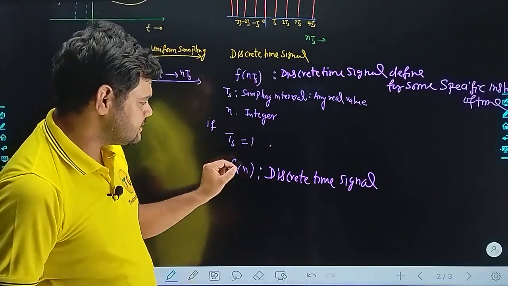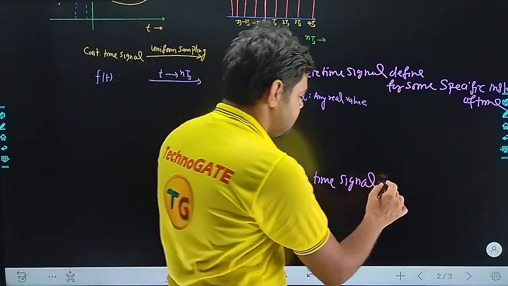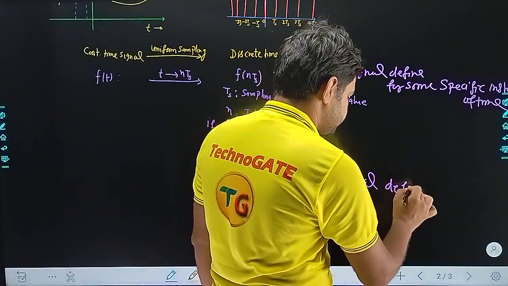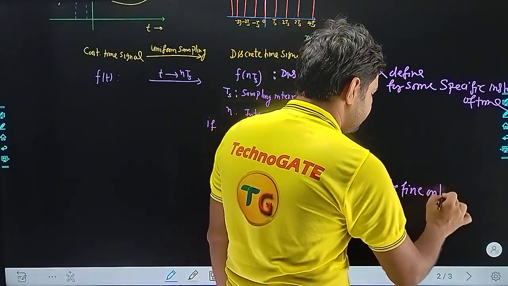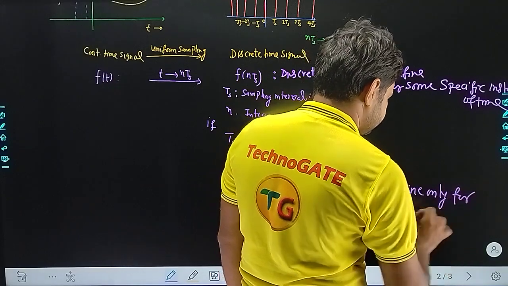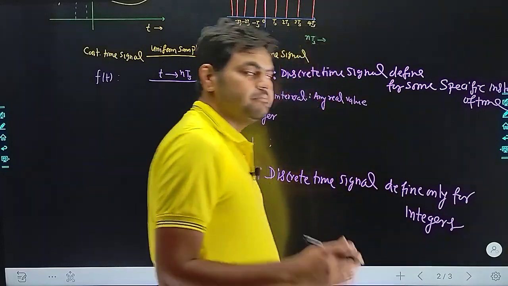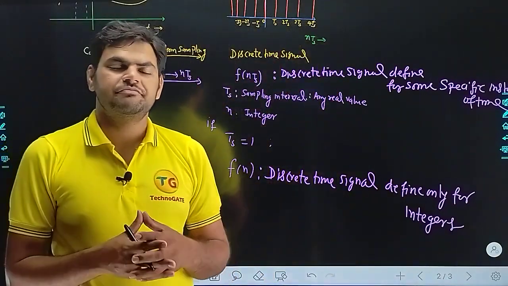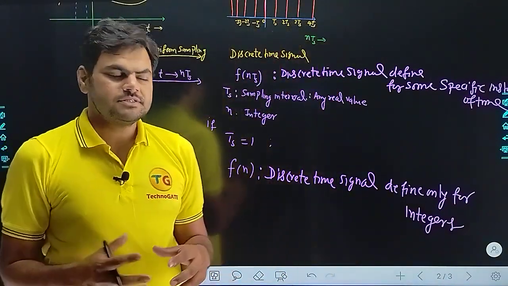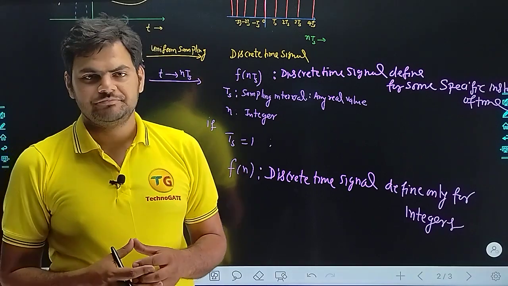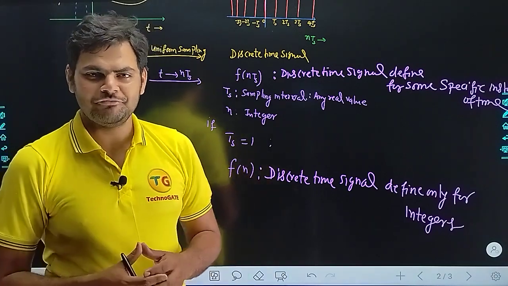So can I say this discrete time signal is defined only for integers? If someone says to you discrete time signal defined for integers, that means he or she is talking about f of n.